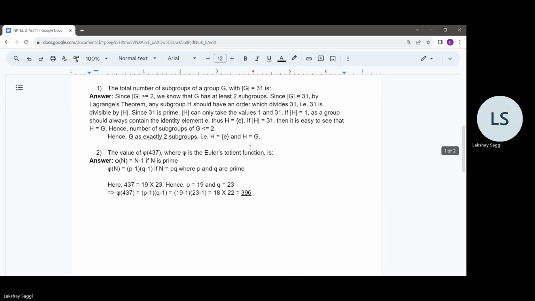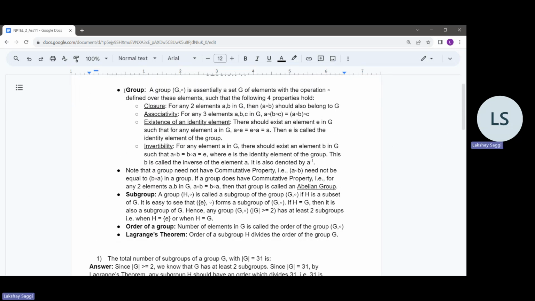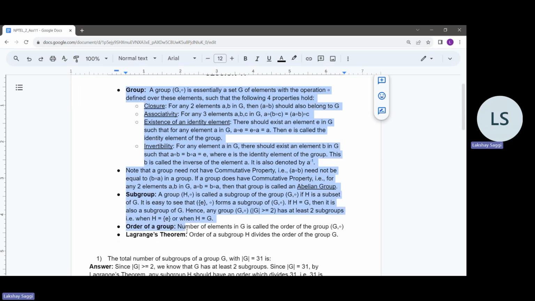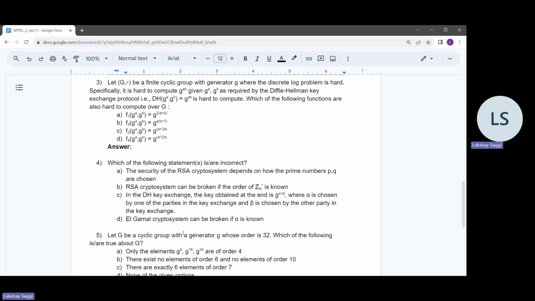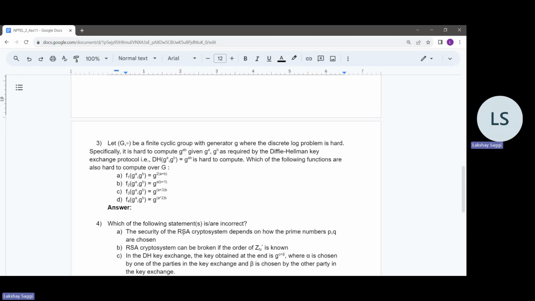I just discussed the definition of a group, a subgroup, and Lagrange's theorem. I'll not get into cyclic groups, because it would be re-telling whatever has been discussed in the lectures. So let's just do this problem straight away.